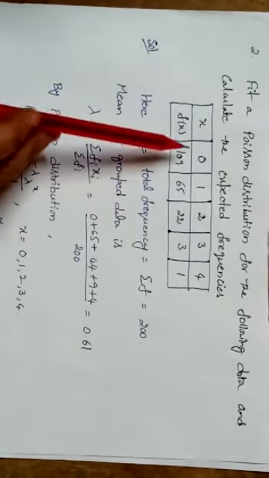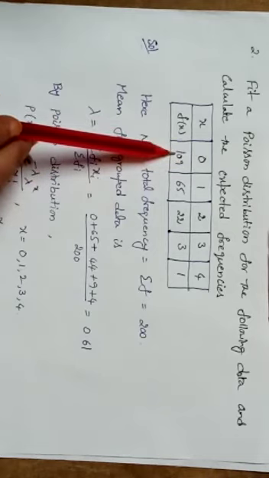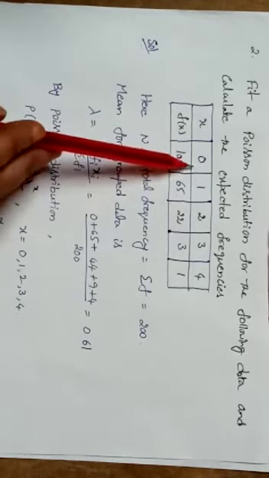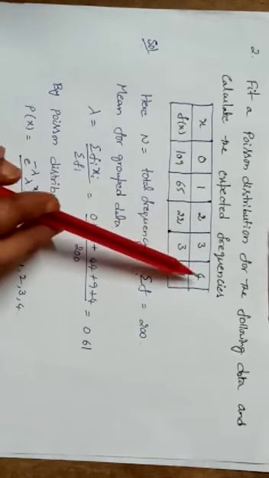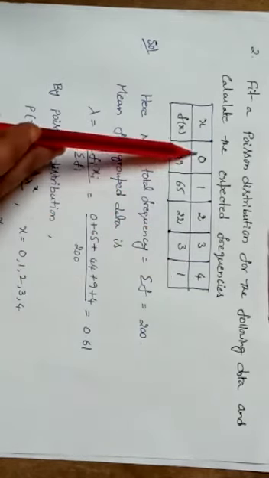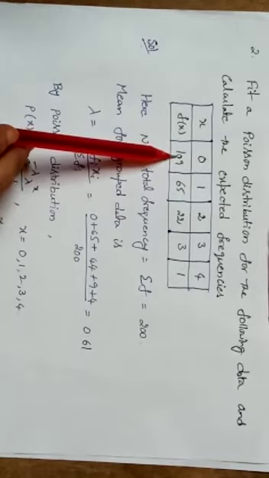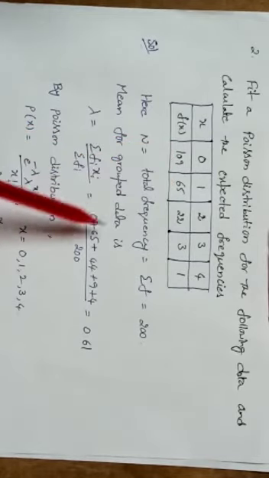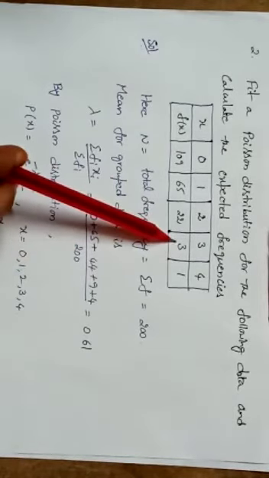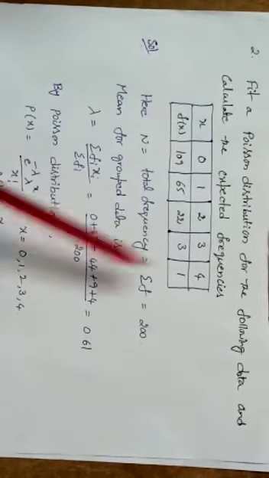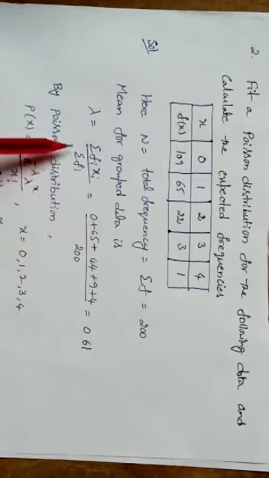Summation fi xi means multiplying these two, plus multiplying the next, and so on. For the first one, 0 into this is 0, 1 into 65 is 65, 2 into 22 is 44, 3 into 3 is 9, 4 into 1 is 4, by summation fi.